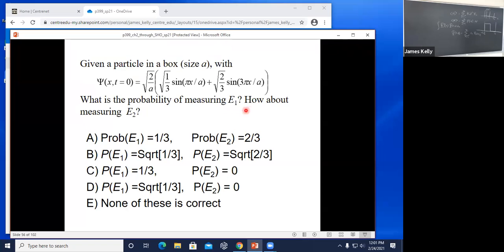What's the probability of measuring E1, and what's the probability of measuring E2? Ground state energy and the first excited state energy. You've got to kind of look at this and disentangle the symbols and see what to look at there. We're thinking of probabilities corresponding to the magnitude of Cn squared.